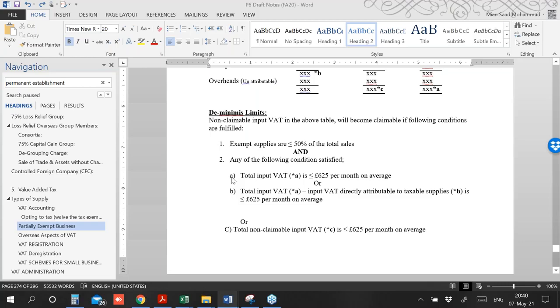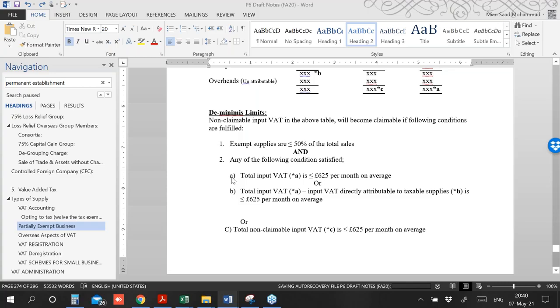If the question has given you the data in quarterly format, you can multiply this limit with 3 to check whether you pass this test or not. So if obviously your total input VAT is more than 7500, you do not pass this test. In total input VAT, VAT relates to taxable supplies as well as non-taxable supplies includes.